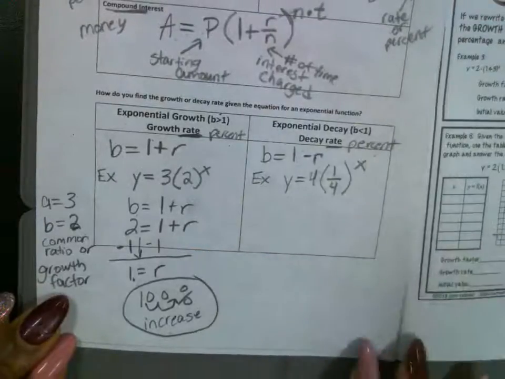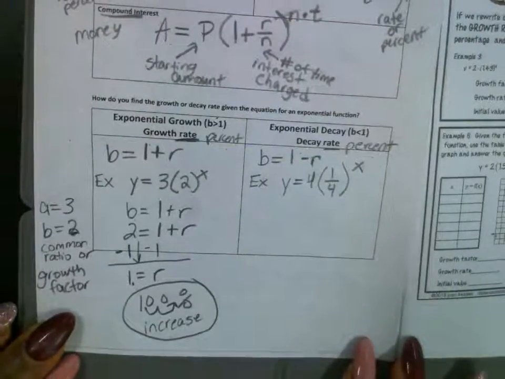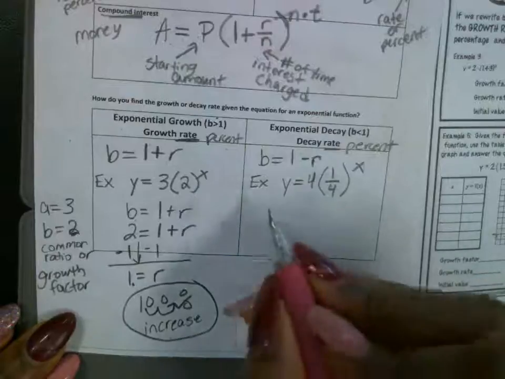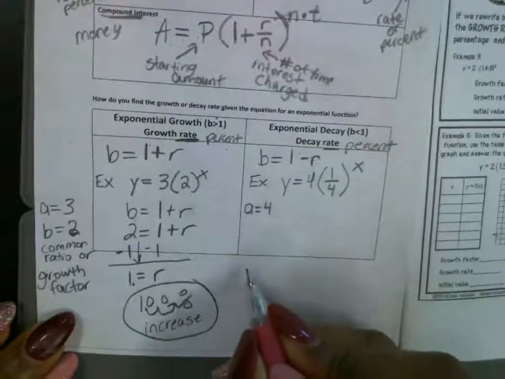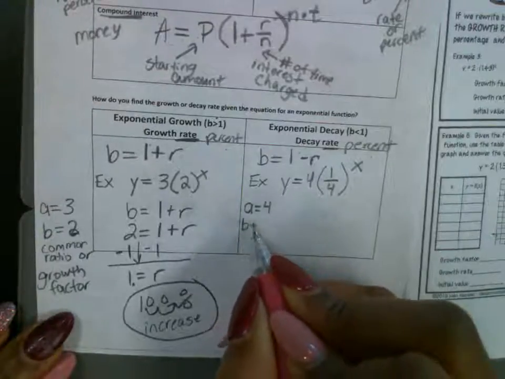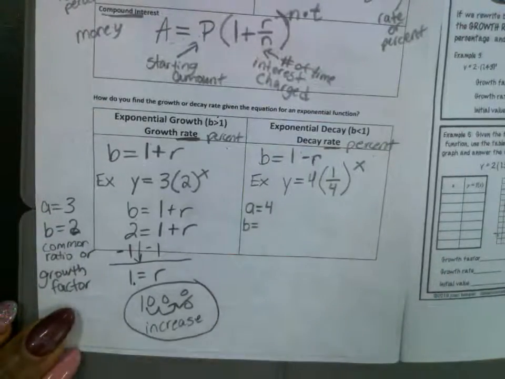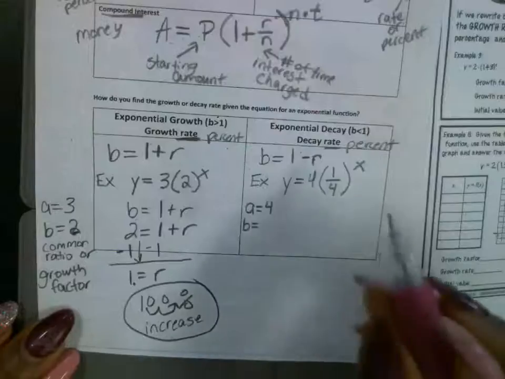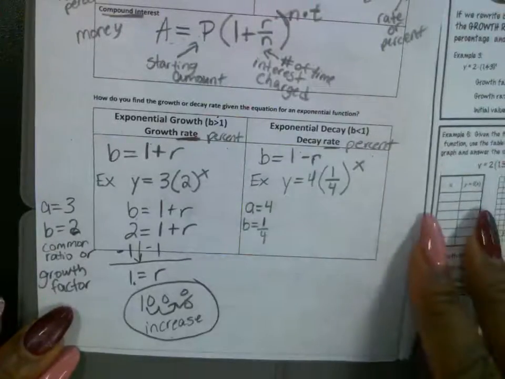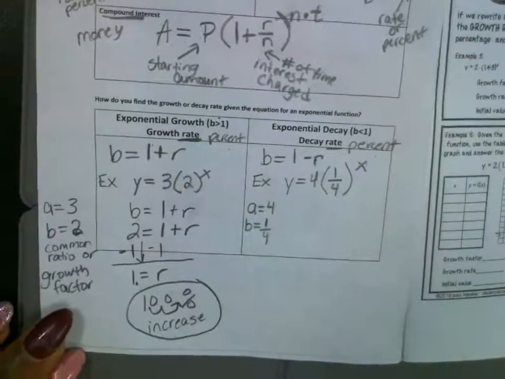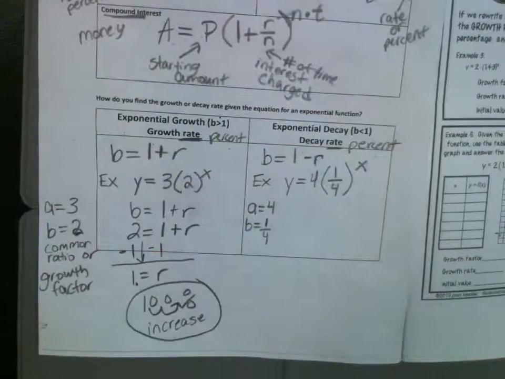To the x power. All right, so again, out to the side, I'm going to write my starting amount is 4. My common ratio or my decay factor is going to be 1/4. This is what I multiply to get to the next number. It's not the percent decrease, it's just the amount that's being multiplied to get to the next number.